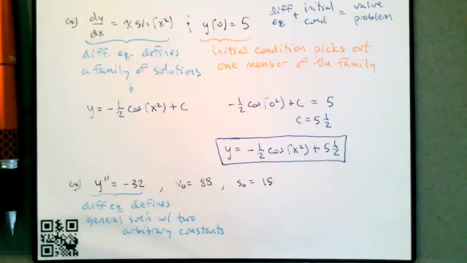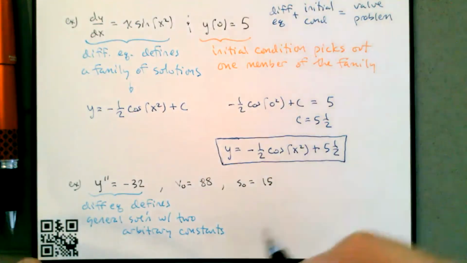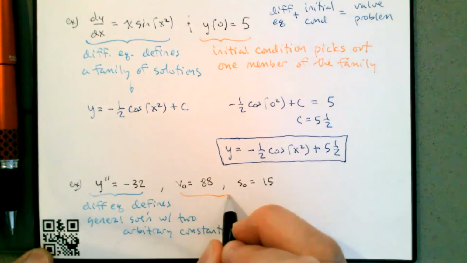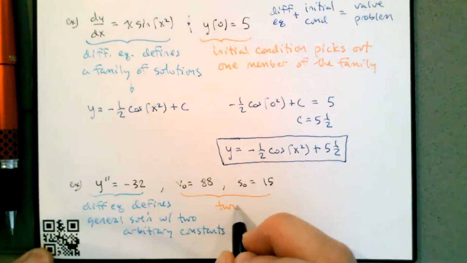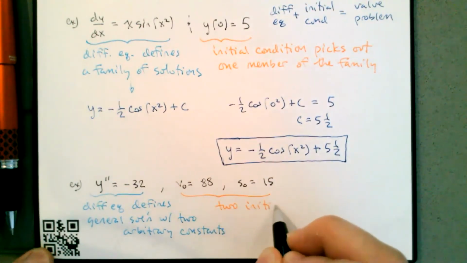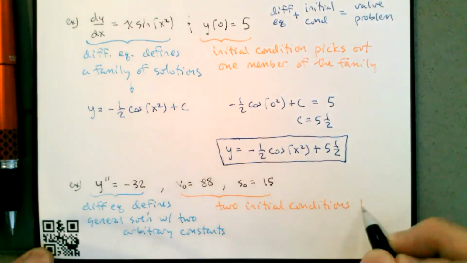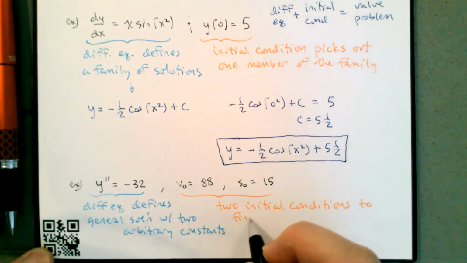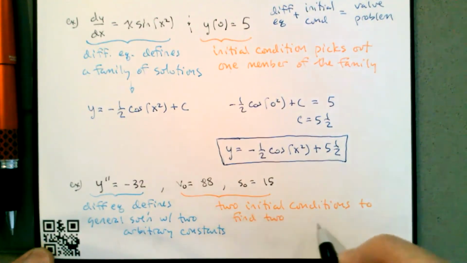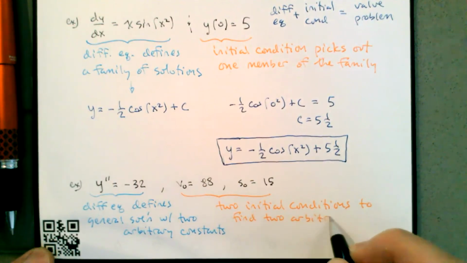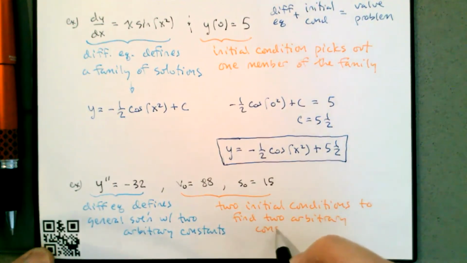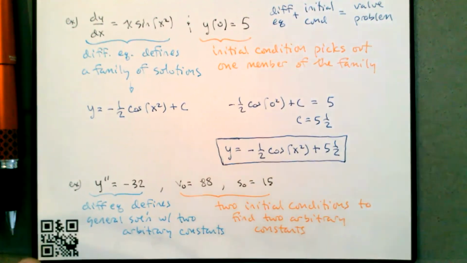Since there are going to be two arbitrary constants, we need two initial conditions to find those constants. And that makes a complete problem. Now we'll get it down to one particular solution.